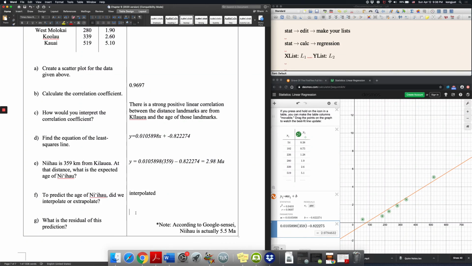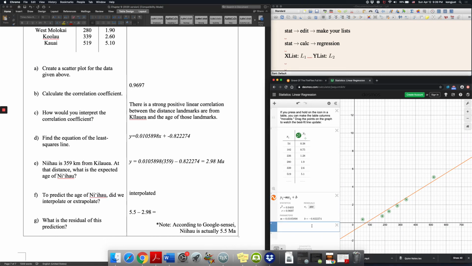So what is the residual? It's just the difference of those two. So it would be 2.98 minus 5.5. Our observed value, I'm sorry, wait, I got this backwards, sorry. It's the observed value minus the predicted value. Predicted value here was 2.98.